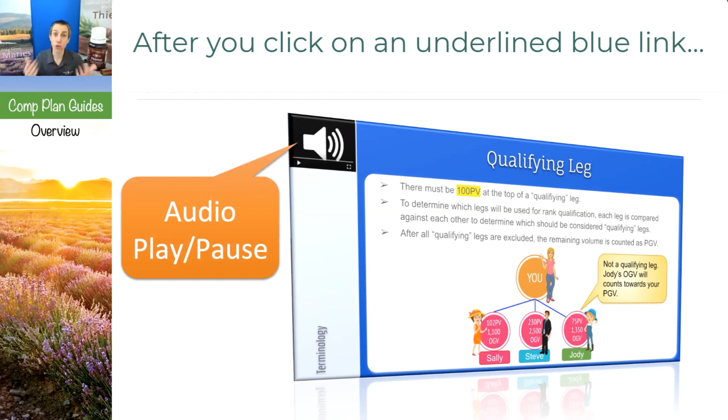On most people's computers, it'll automatically play once that page is fully loaded. If for some reason it doesn't play, you can click on the play button to listen to that audio, or once it's finished, you can click on it again to listen to it again. So that is what's going to come up when you click on one of those blue underlined links.